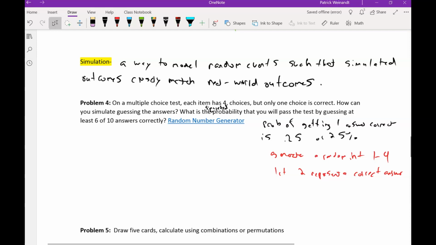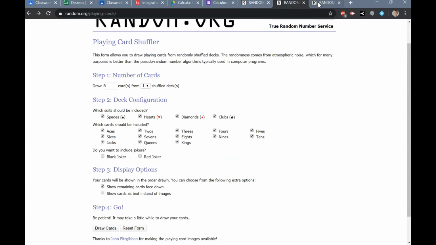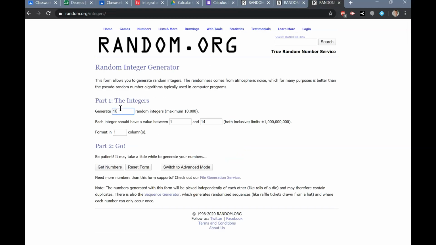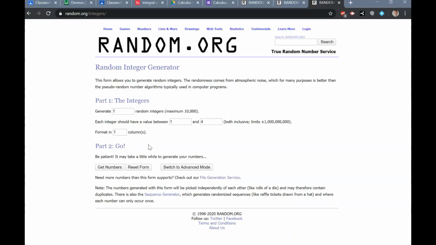So just to build here, and then we'll talk about how we can represent this entire quiz. If I generate 1 random integer, just to represent 1 question, and its integer should have a value between 1 and 4, well, we said 2 is going to be the correct answer.